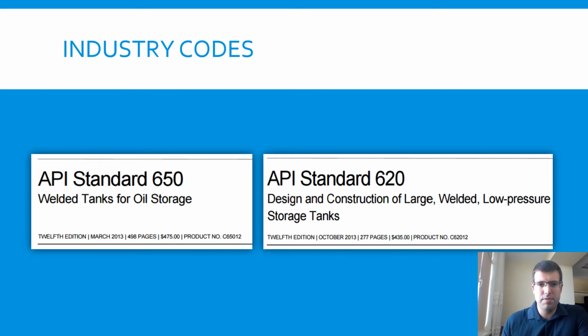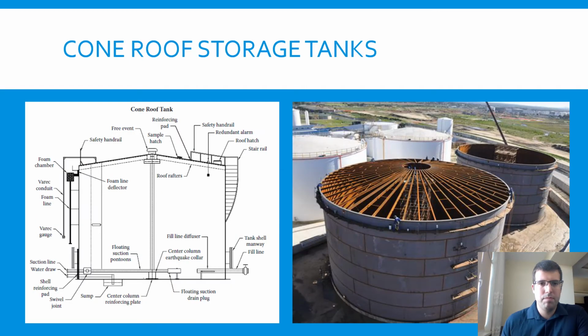That's where the 650 applies, and there were low pressure tanks, and that's where the 620 applies. Albeit these two codes are the most popular ones in the oil industry, to make the model more applicable to other industries as well, we have utilized Eurocodes in the design of our hypothetical tanks. So we're focusing on the cone roof storage tanks.